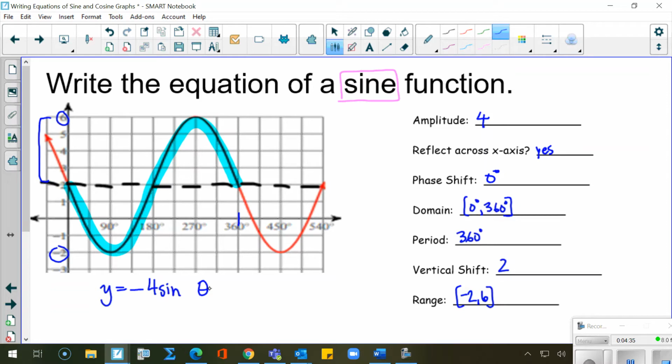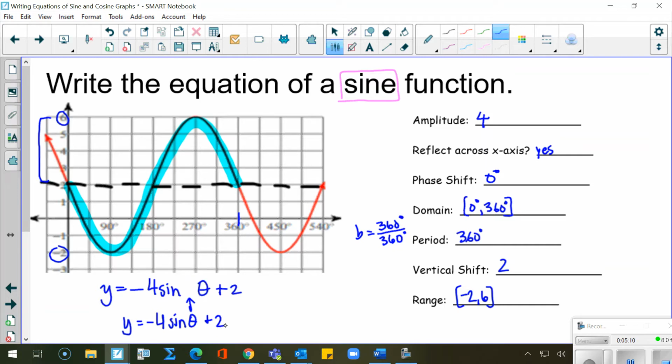And at the end of the argument, the vertical shift. Now I still need that b value. To get that b value, I will take 360 and divide by the period of the function. That's equal to 1. So my equation, I should have done that first, is y equals -4 sine of theta plus 2.